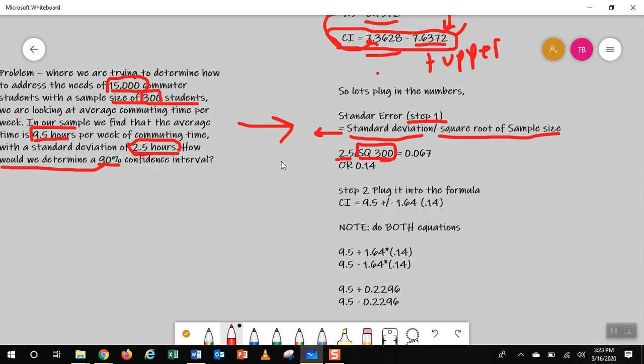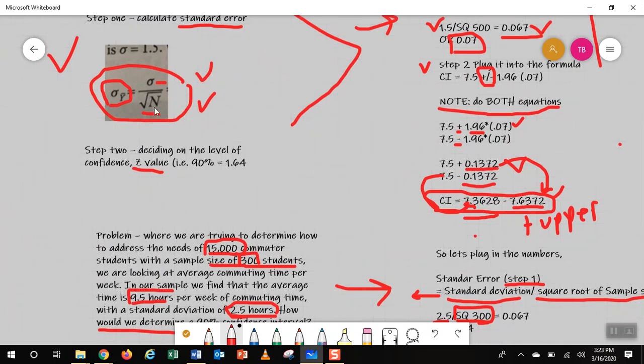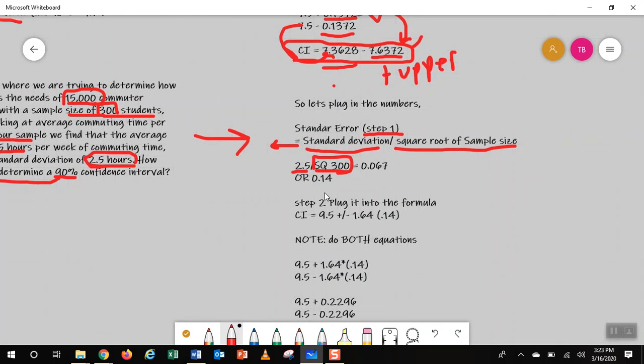And make sure it's the square root, because if you recall up above, it's the square root of the number in the sample, not just any old square root. You end up with 0.067. I'm sorry, that's from the previous number. This actually should be, well, let's go ahead and do that.